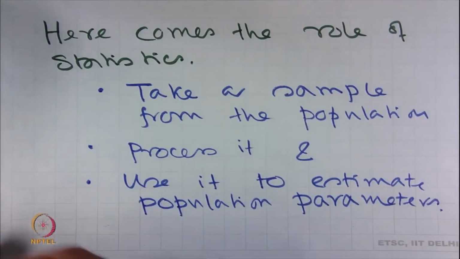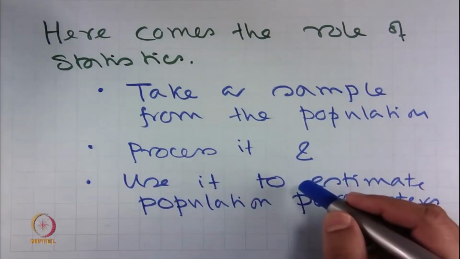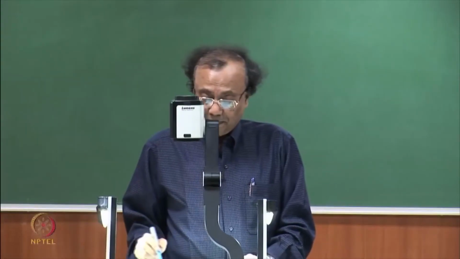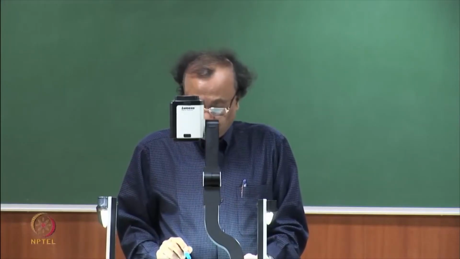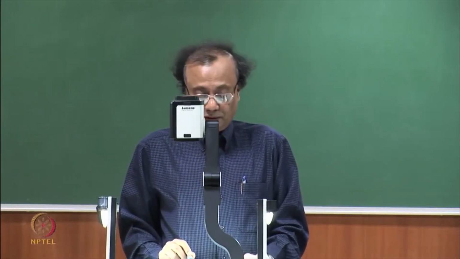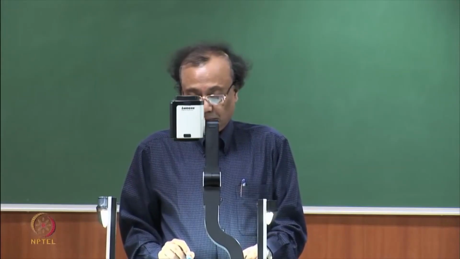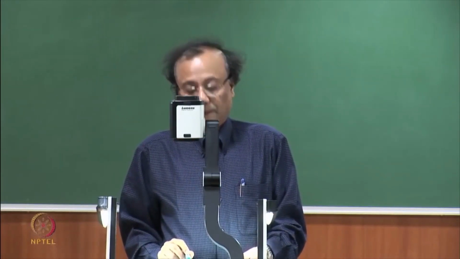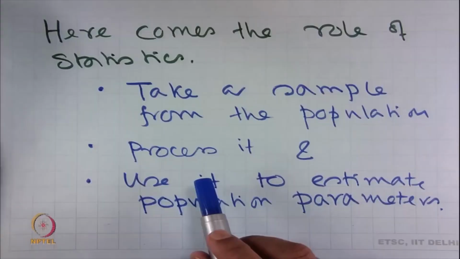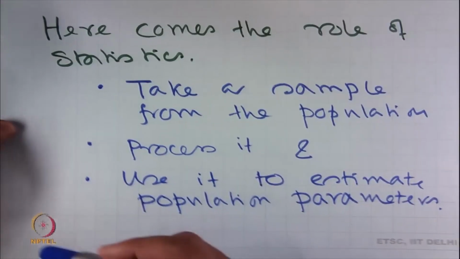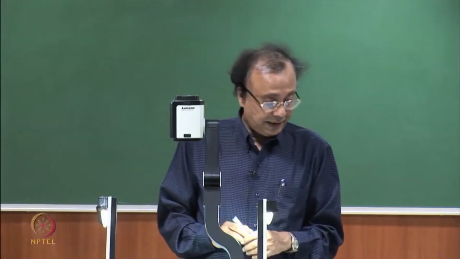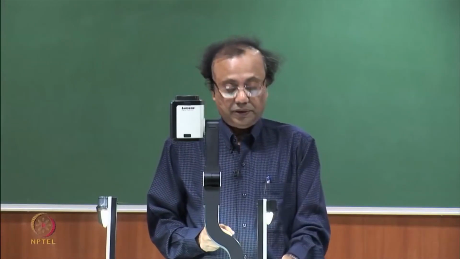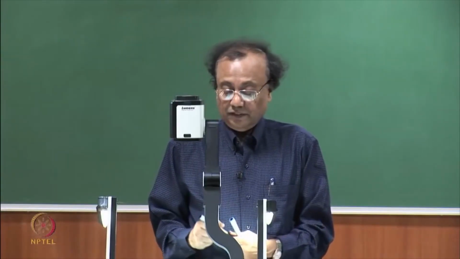So, instead of considering a huge population completely, we will take a representative sample out of it, we will process it, and from the results obtained after the processing, we will try to infer about the whole population. This is the science of statistics, and in this series of lectures, I will look into this aspect of statistics, which is called statistical inference.